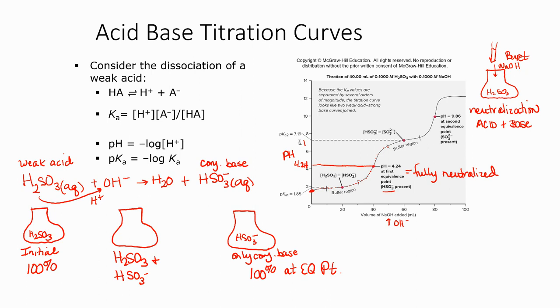And what do we call a mixture of weak acid and conjugate base? We call that a buffer. So you see here where it says buffer region, that's because in that area, you have a mixture of both weak acid and its conjugate.